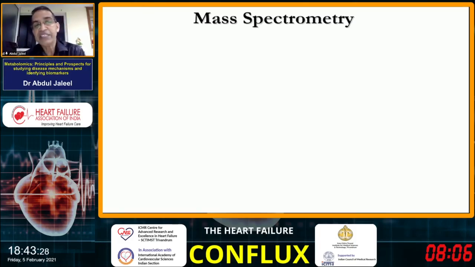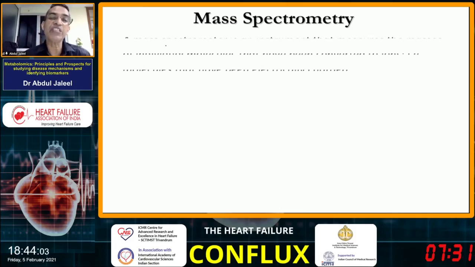My expertise is in mass spectrometry, so I will be talking only about that. There is a lot of difference between the two. The main advantage of NMR spectroscopy is that you don't need to process your samples or do any derivatization. But with mass spectrometry, the advantage is that it is highly sensitive and high throughput. So the majority of metabolomic studies are done by mass spectrometry.